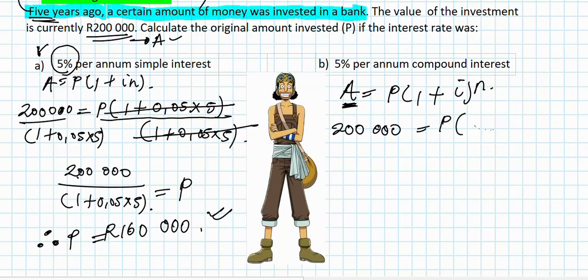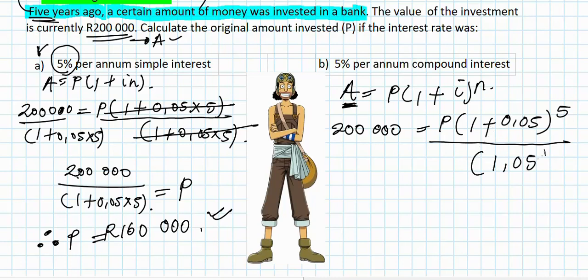I'm looking for that. 1 plus my interest as a decimal, 0.05, right? Close that off, raise that to N, which is 5 years, right? And then now I'm going to divide this side by those brackets, 1.05 raised to 5. That's the bracket above there.